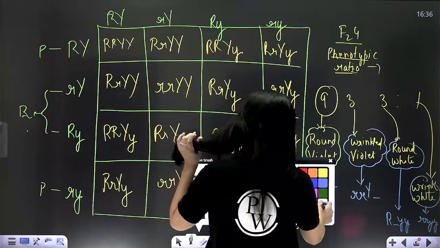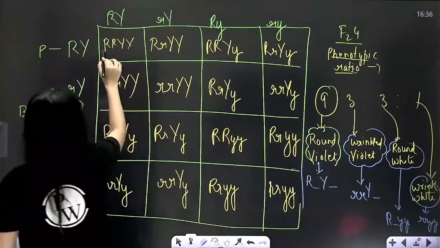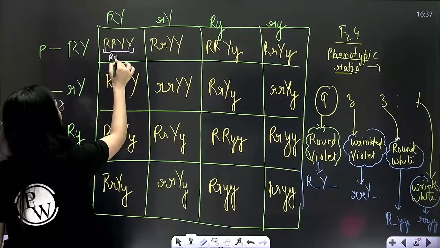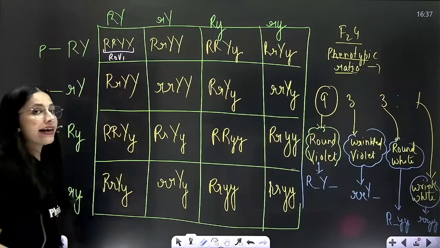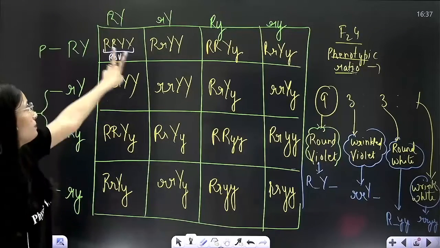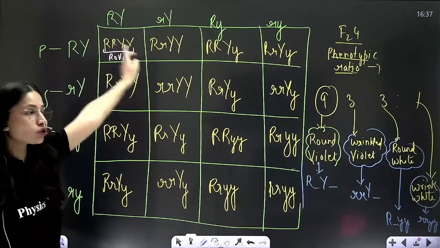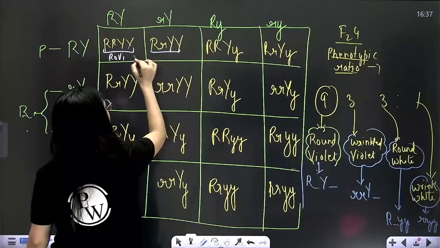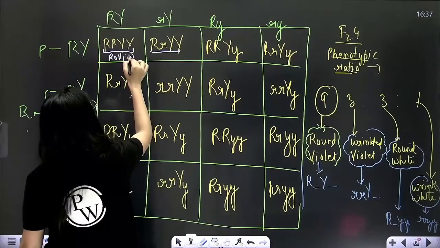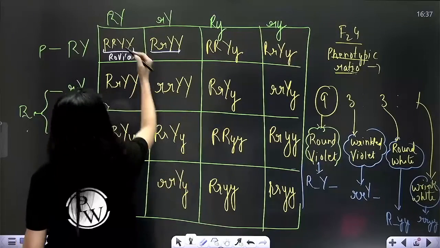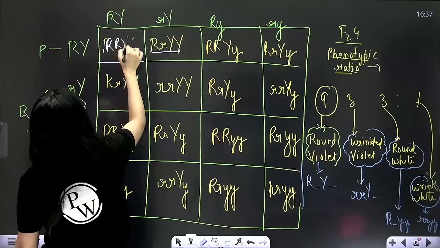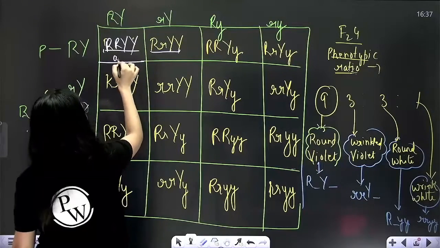Okay, I'll just use some other color pen. So first, round and violet. Correct? Yes or no? See, both the genes are present in homozygous dominant. Correct. So this is A. I'll just name it A1.